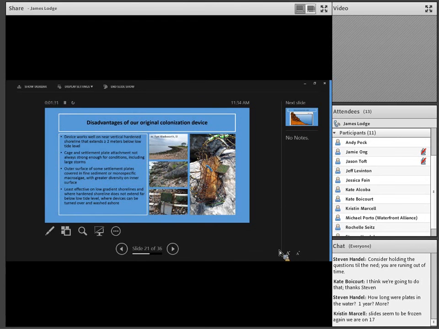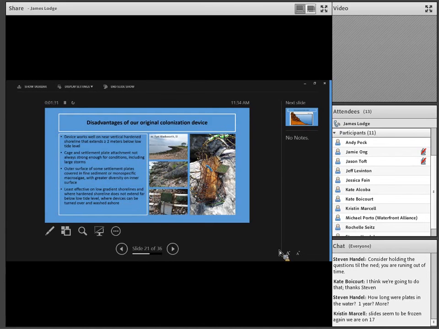Another disadvantage was that on shorelines that didn't extend right down to the benthos, we would get a lot of fine sediment and a lot of sediment scour down towards the bottom. So we didn't get much on the outside of the plates because of that scour, but we did get a lot of diversity on the inside of our plates, the surfaces we weren't particularly interested in. It was least effective on low gradient shorelines, where it would get blown up the shore, or where the hardened shoreline didn't extend to the bottom.